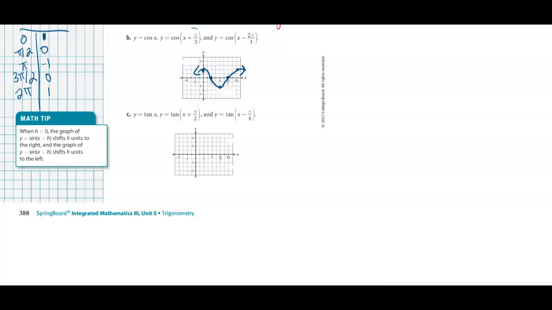Alright, so this first one is cosine of x plus pi over 3. So it's going left pi over 3. So if I look at this scale, it's going by pi over 4. So this is going to go left, but it's going to go not an even amount of ticks. So I kind of have to think about where does pi over 3 land. So a third is bigger than a fourth.